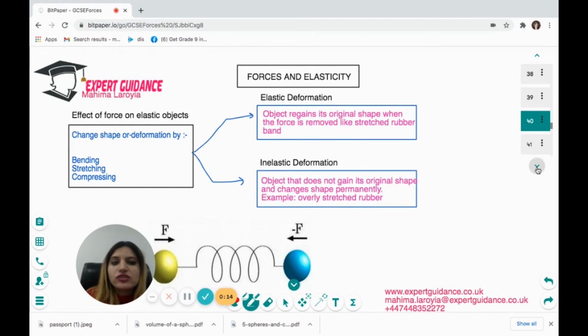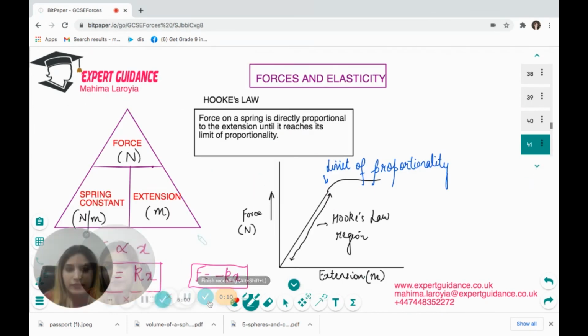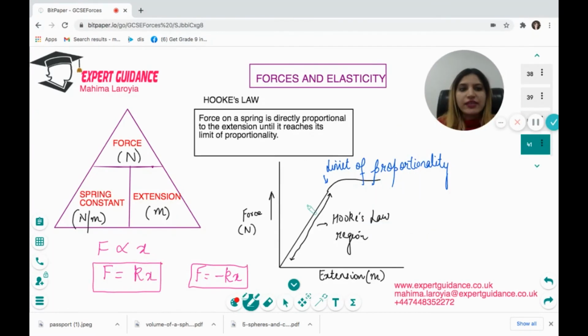Now let us see what the relationship is between force and elasticity. There was a scientist called Hooke, and he gave Hooke's law. He said that when you apply force to a spring or any elastic object, as you keep increasing the force, it will keep extending.